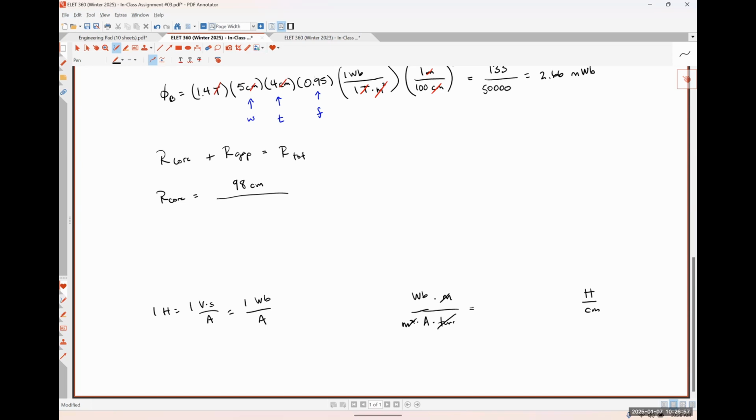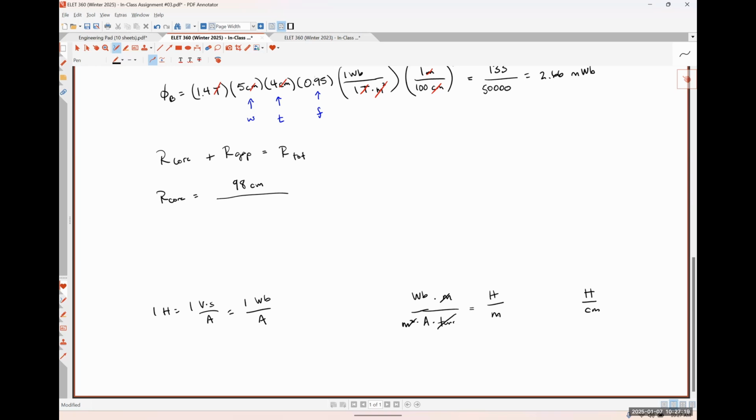And so I have Webers per meter per amp. So I'm really close to what I need from the jump because a Weber per amp is a Henry, okay? So realistically, I could call this thing right here Henry's per meter and be fine.